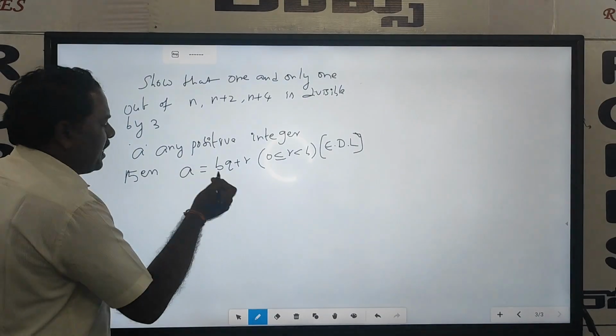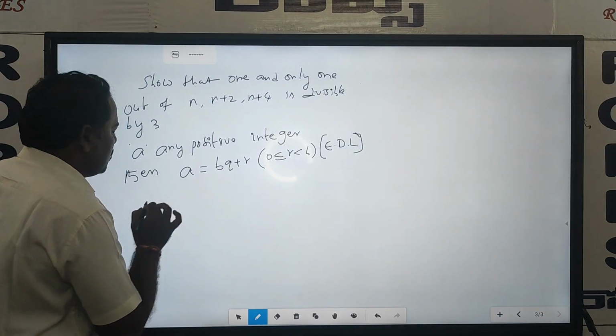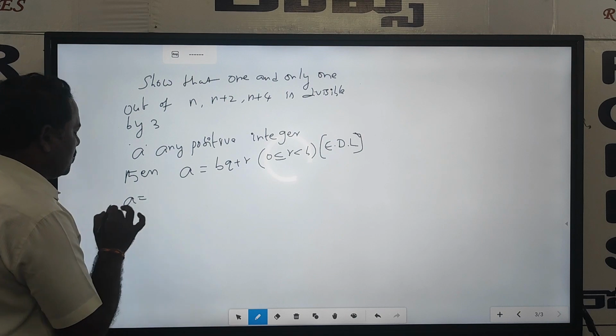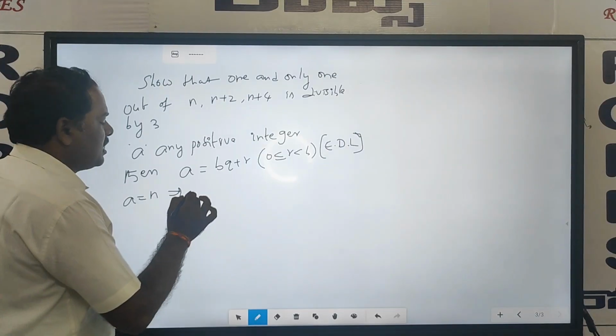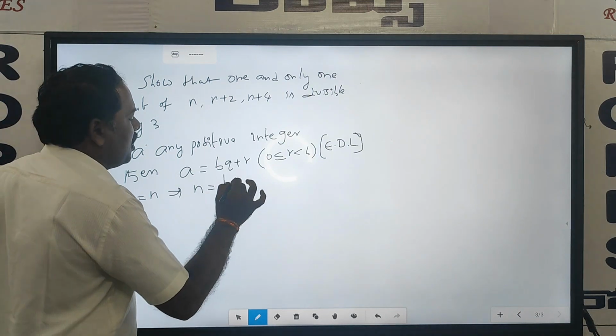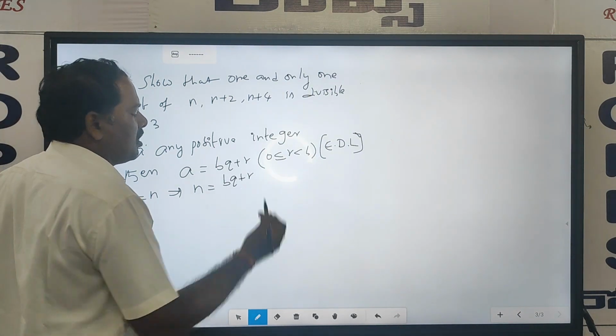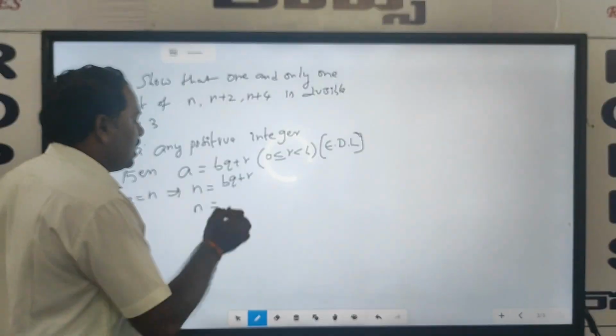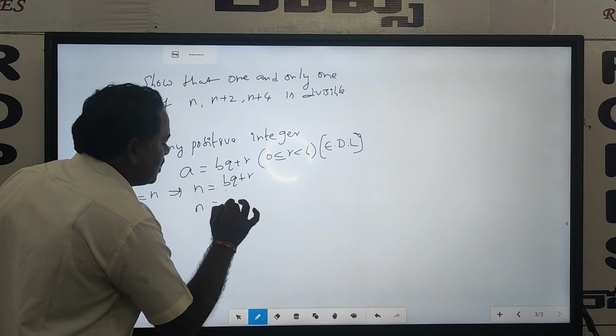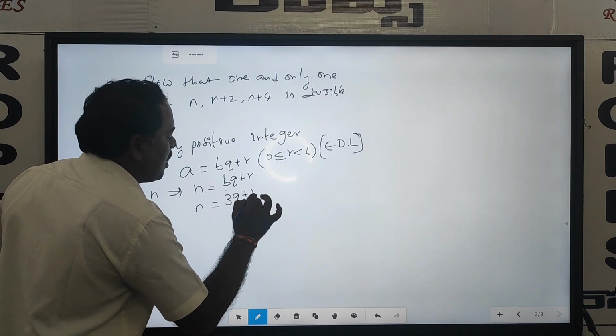See here, if a is equal to n, this implies n is equal to bq plus r. So here the condition: n is equal to 3q plus r.